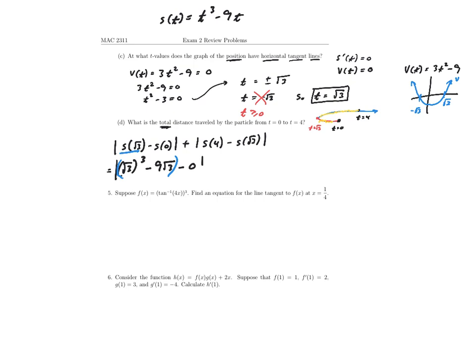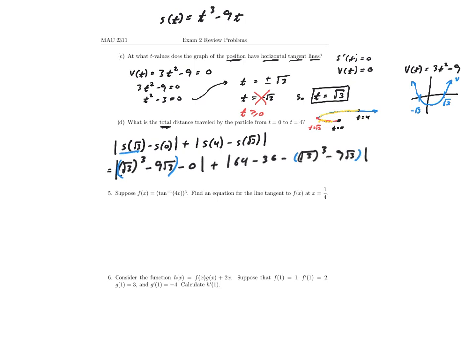Minus, and if I put 0 in there, I get 0. Plus, if I put 4 in there, I'm going to get 4 cubed, which is 4 times 4 times 4, so that's 16 times 4, which should be 64. I knew that one wasn't too bad. Minus 4 times 9, which is 36. Minus all the stuff that I got here, so minus what I had in the parentheses, which is the square root of 3 cubed minus 9 square root of 3.